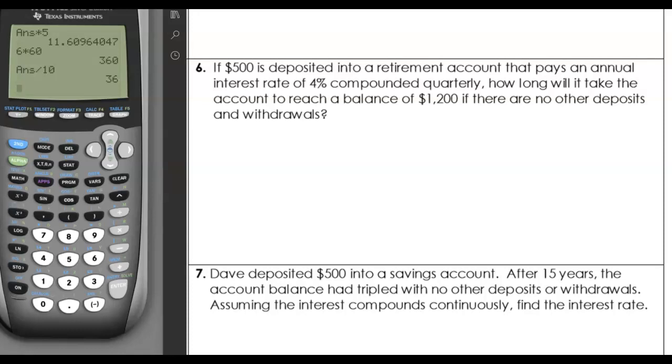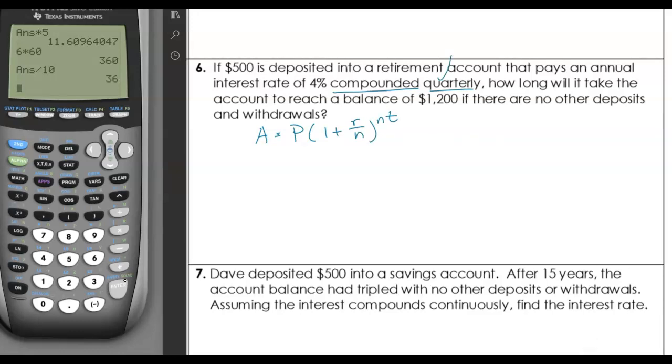If $500 is deposited into a retirement account that pays an annual interest rate of 4% compounded quarterly, how long will it take the account to reach a balance of $1,200 if there are no other deposits or withdrawals? Because we're compounding multiple times per year, we're using the formula from last class, where N is the number of times per year we're compounding.